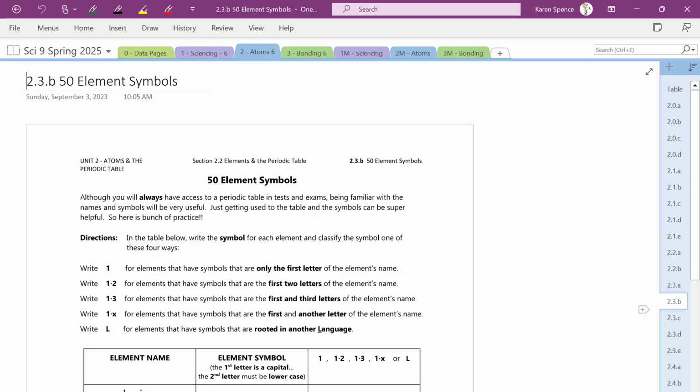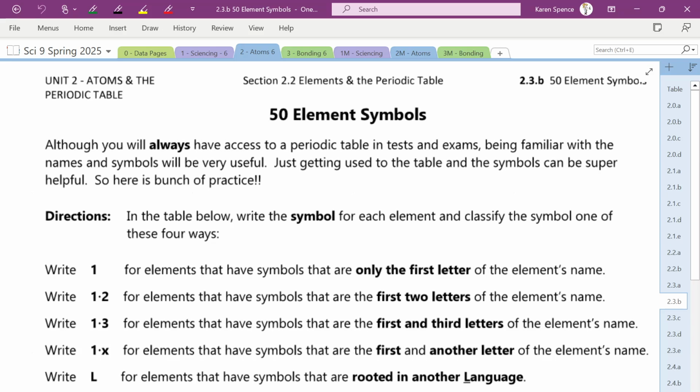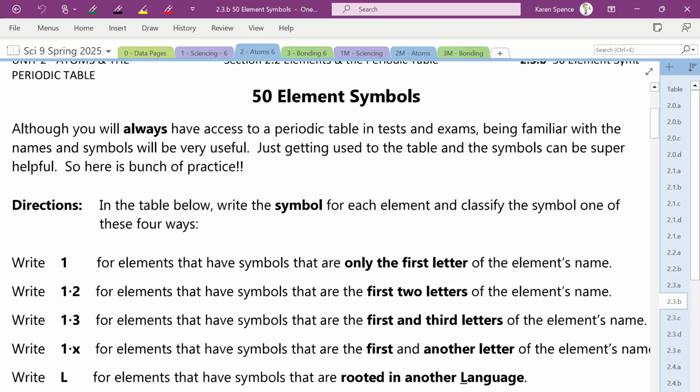So fun times with elements, what we're going to do is we're just going to take a few minutes. And although you will always have access to a periodic table, being familiar with them, the names and symbols, is useful. So just getting used to where they are on the table and what they look like is useful. So here's a bunch of practice.